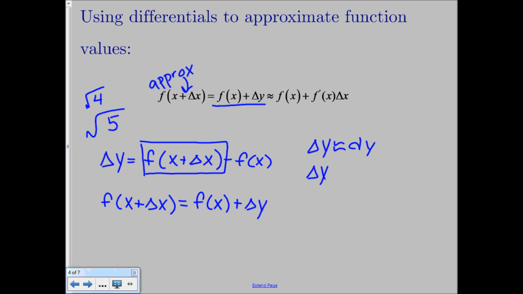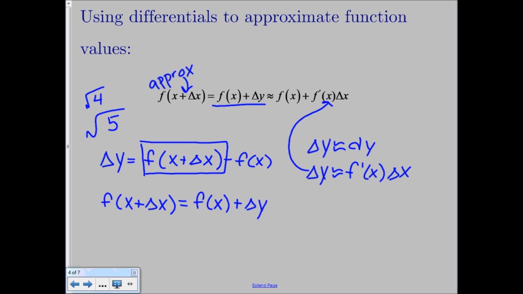and we've already learned that dy is just your derivative multiplied by dx. So it's approximately going to be your derivative multiplied by your delta of x, which is where this thing is coming into play.